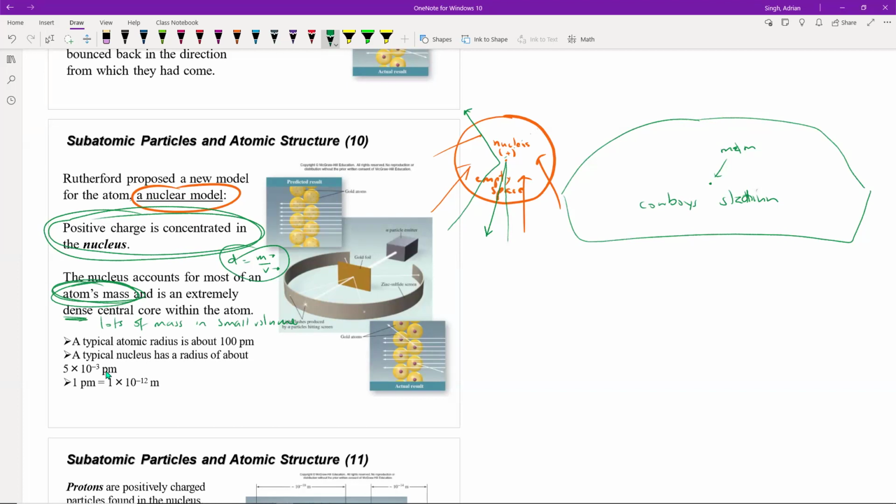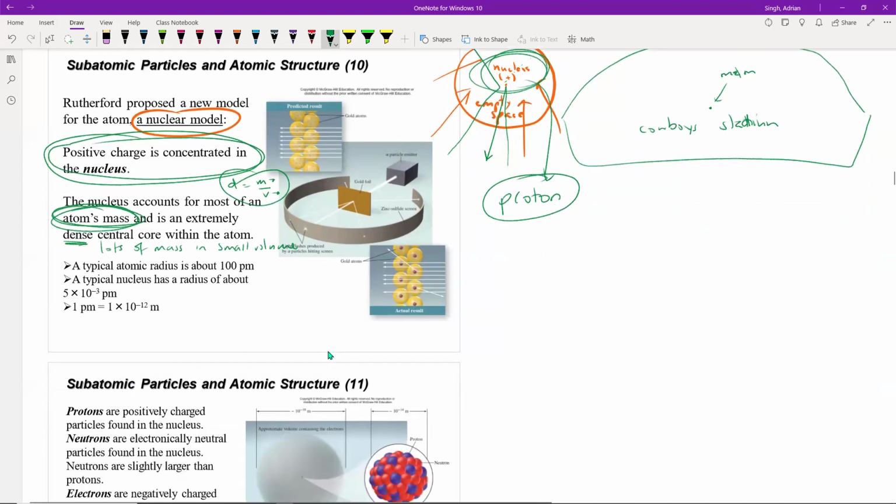So within that nucleus itself, Rutherford and his friends figured out that that nucleus is positively charged. However, the particle responsible for that positive charge they designated was called a proton. The protons and the electrons that they discovered earlier, they could not account for all the total mass of an atom.